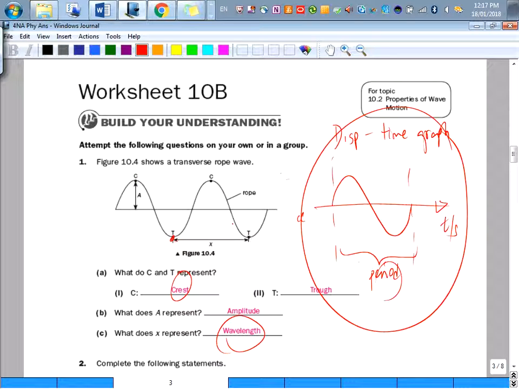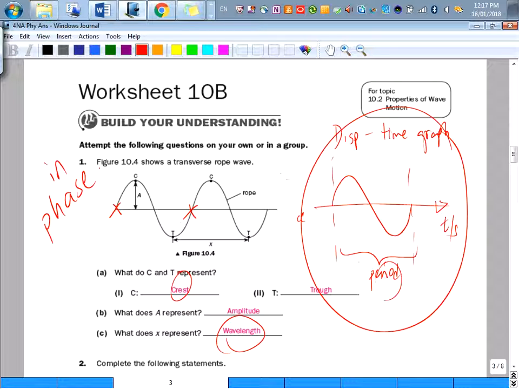This T over here and this T over here are called troughs. As long as they are adjacent, for example, let's choose an easy one, this point and this point, these two mark the ends of one complete wave also, isn't it? These points are known as being in phase. In phase.